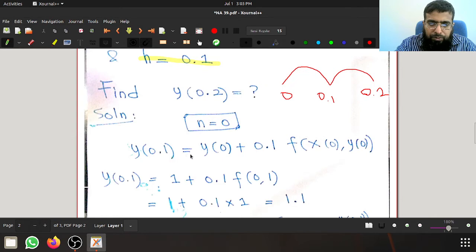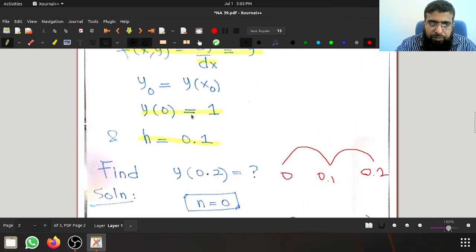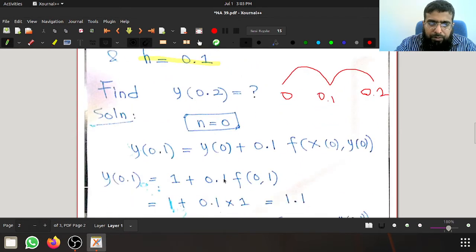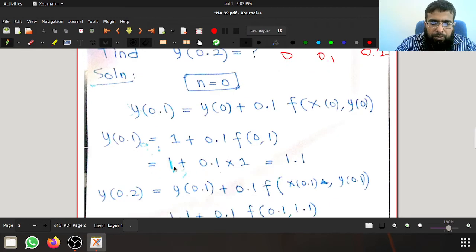So y of 0.1 is computed as y of 0, which is given to be 1, plus h times f of x0, y0. h is 0.1, x of 0 is 0, whereas y of 0 is 1, given as the initial condition. We plug all these values and y of 0.1 comes out to be 1.1.